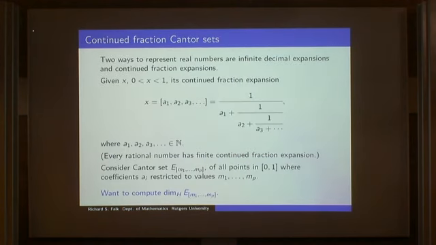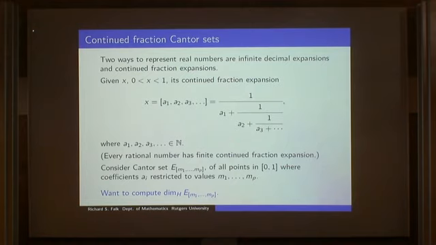Okay, so those are things people know, they're simple, but what happens if you get something you don't know how to compute? So I want to concentrate in one dimension on what are called continued fraction Cantor sets. There are 2 ways you can represent real numbers. You can take an infinite decimal expansion, or you can take a continued fraction expansion. That just means you're given your x, say between 0 and 1, and you write it as a continued fraction, and all these are integers, a1, a2, and so forth.